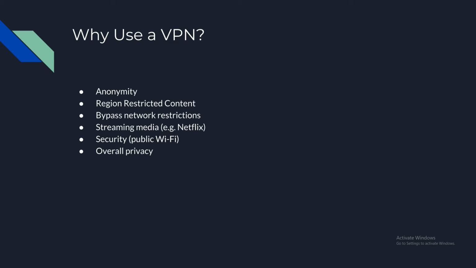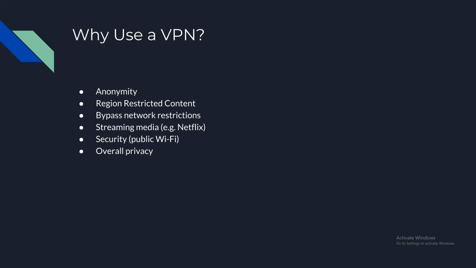And even with the region restricted, like some videos on YouTube won't be available in your region. So that's a way to get around that. And they can bypass network restrictions. So like if you're at school or you're at work and they have stuff blocked or there's restrictions on that, that's another way to get around that.